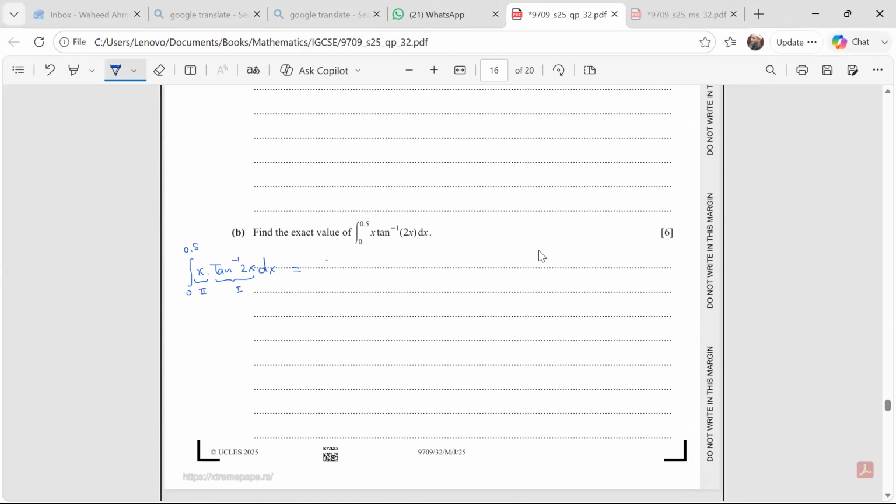First function into integral of second function, that's going to be x squared by 2, right? Then I apply the limits 0 and 0.5, minus the integral of the second function, x squared by 2, into the derivative of the first function.